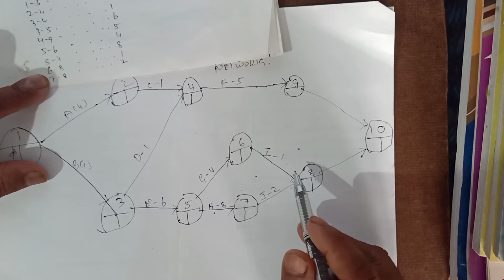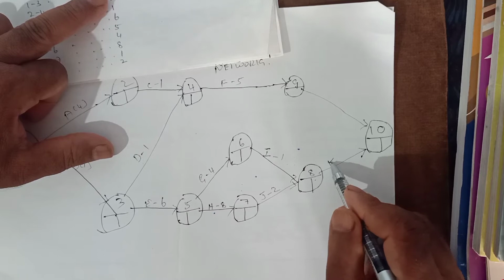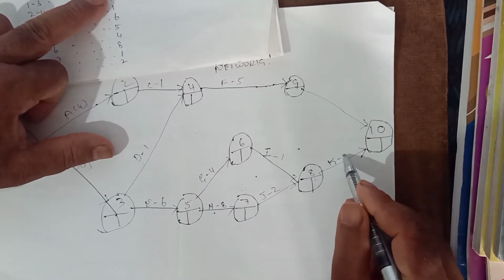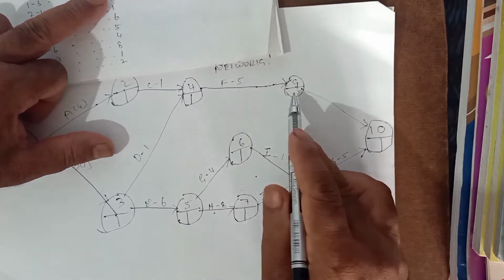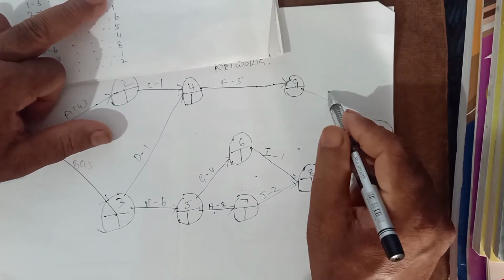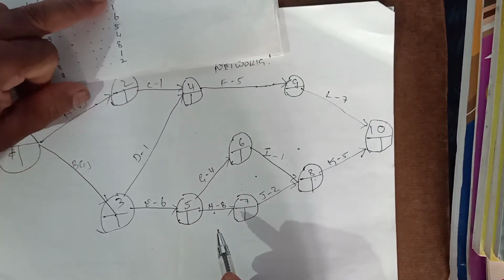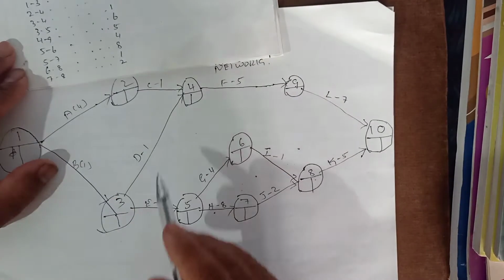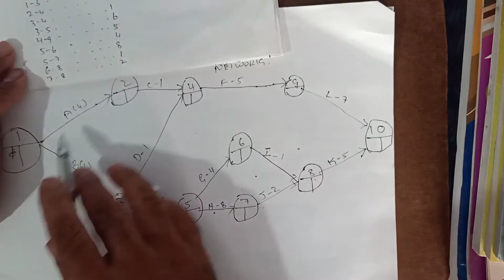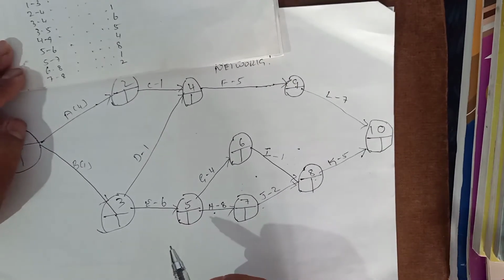Then 8 to 10, put K here, the duration is 5. The last is 9 to 10, after K it is L, which is 7. So A, B, C, D, E, F, G, H, I, J, K, L are the total activities here. This is the network.